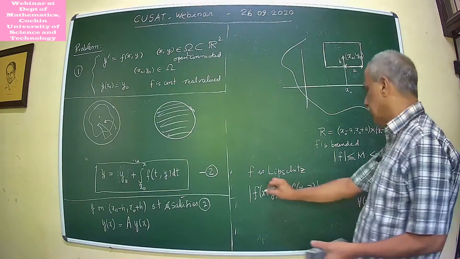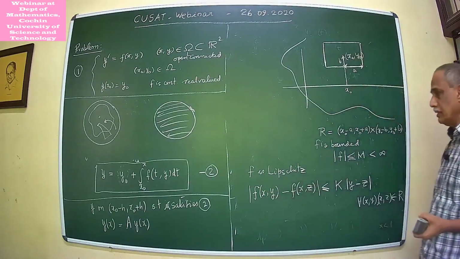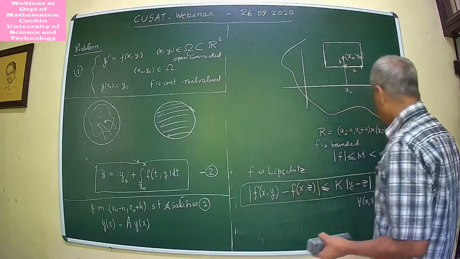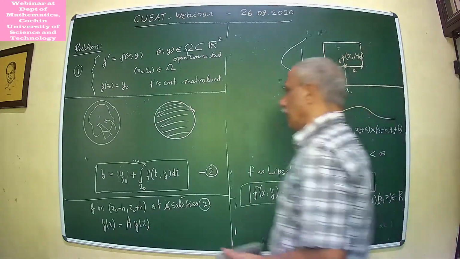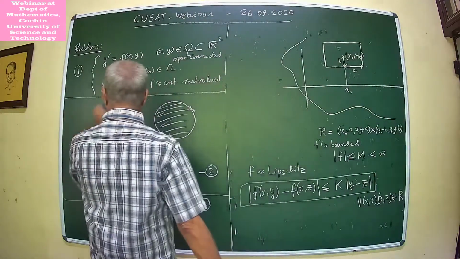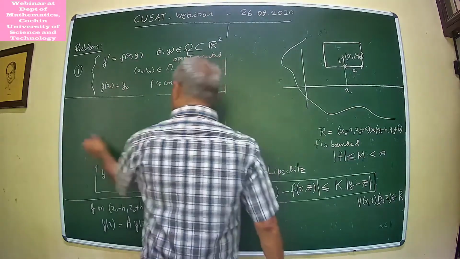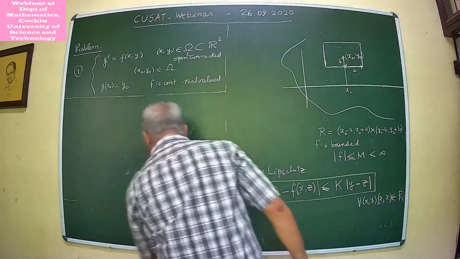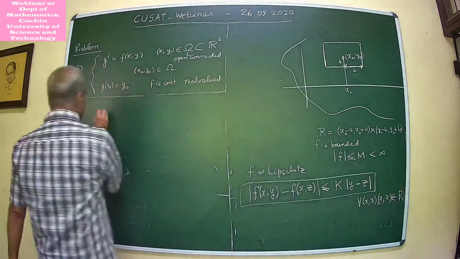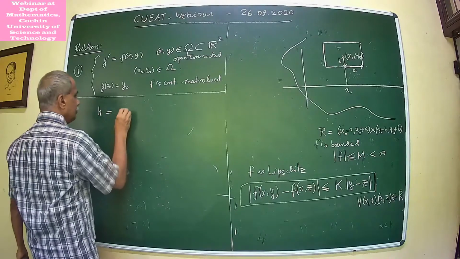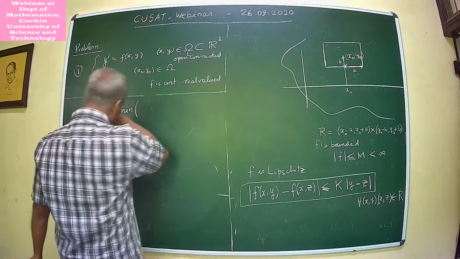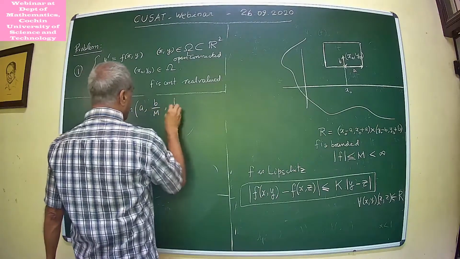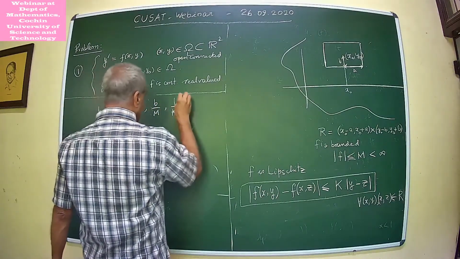If K happens to be less than 1, one can get what is called the contraction mapping. So you need an additional condition of this kind to get the contraction. Now what space is to be chosen? Let me look at it. I choose an h which is the minimum of b by M and 1 upon K, where K is the Lipschitz constant.